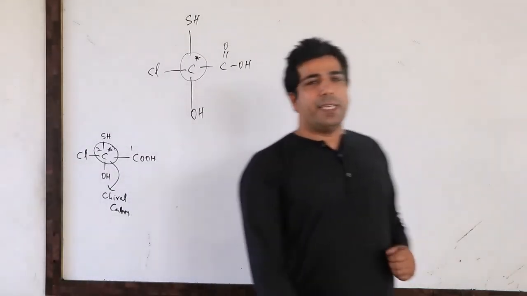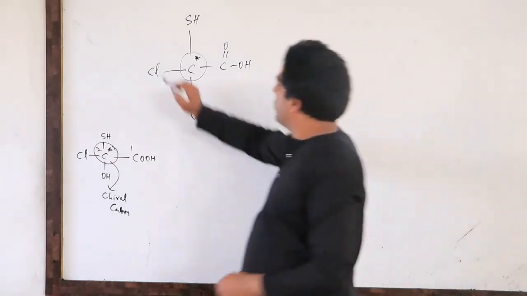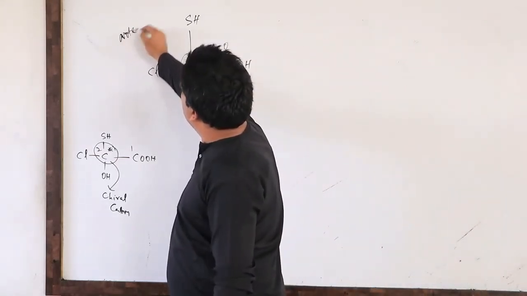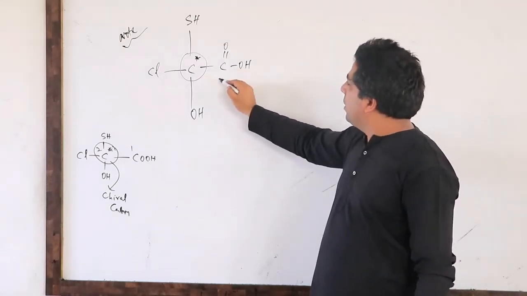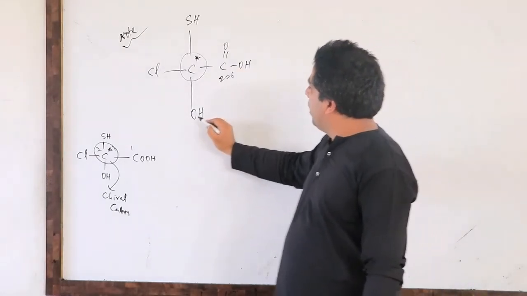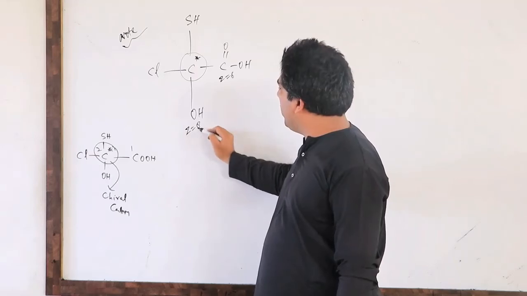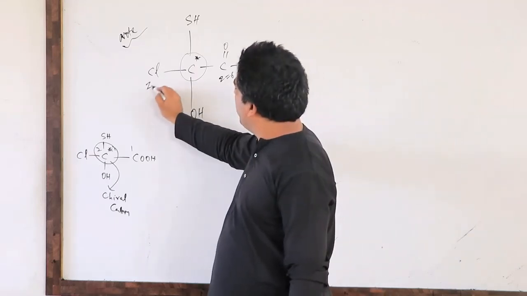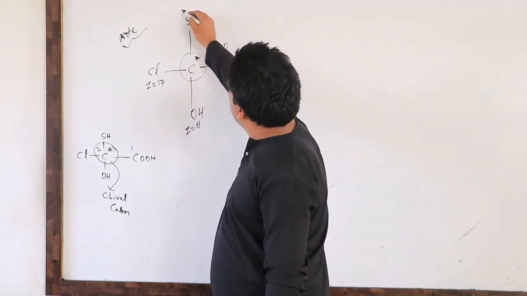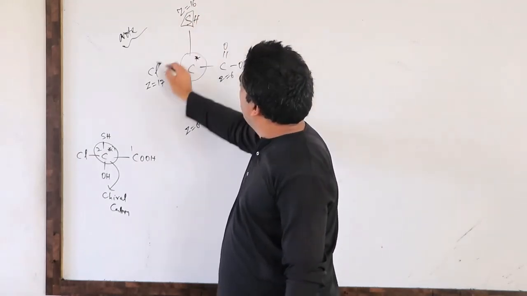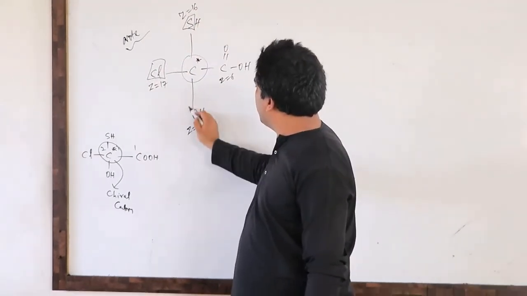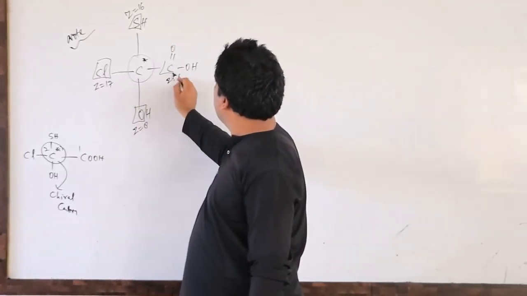So let us find out RS in this particular structure. We have here carbon, atomic number 6. Here we have oxygen, atomic number 8. Here we have chlorine, atomic number 17. Here we have sulfur, atomic number 16. These are the atoms directly attached: sulfur, chlorine, oxygen and carbon.